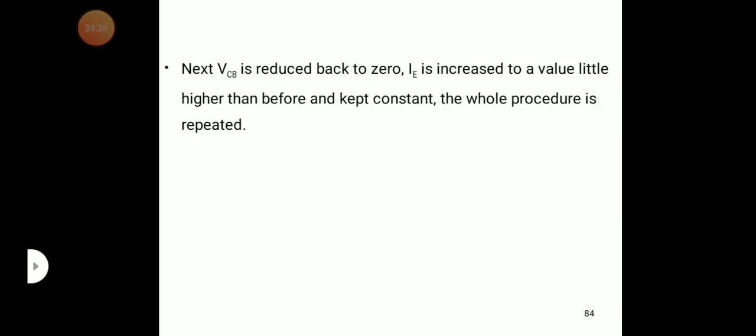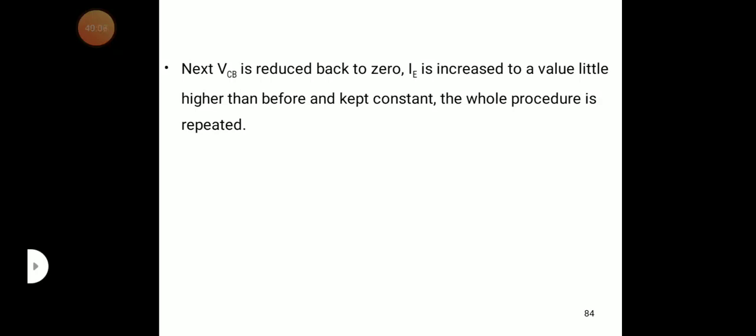Next VCB is reduced back to 0, and IE is increased to a value a little higher than before and kept constant.